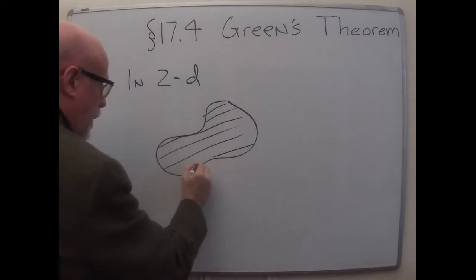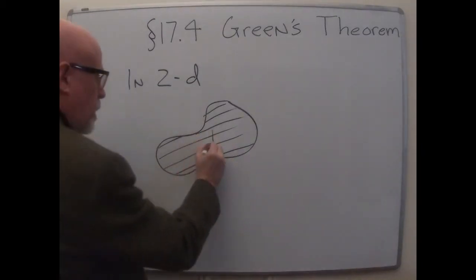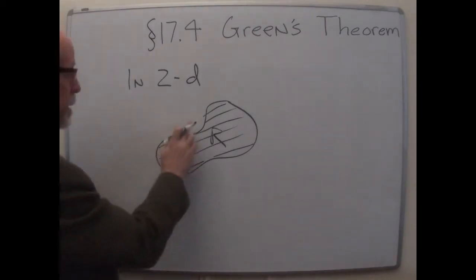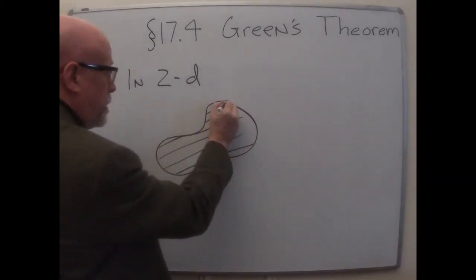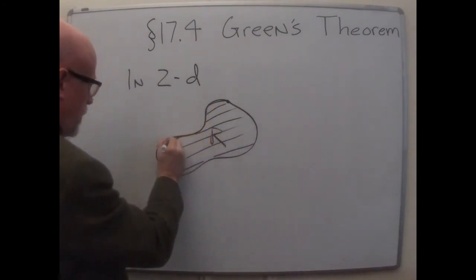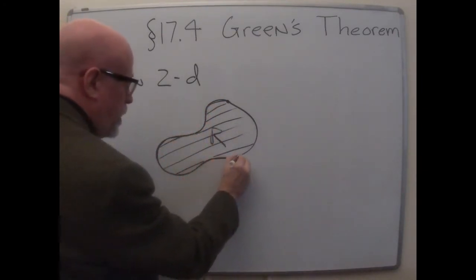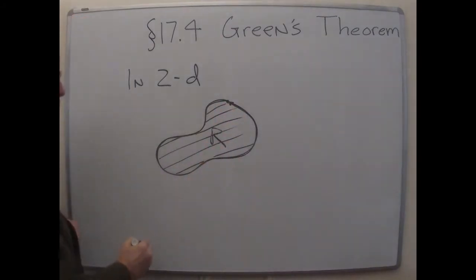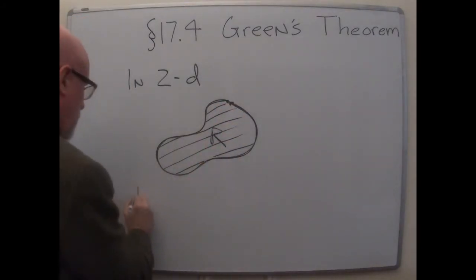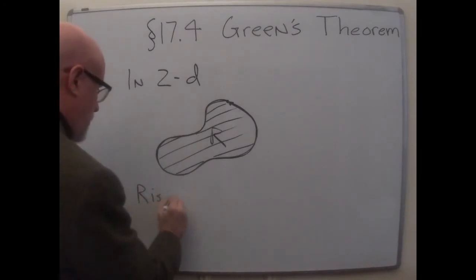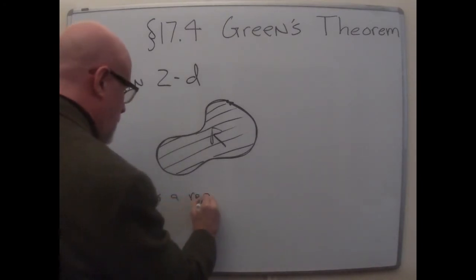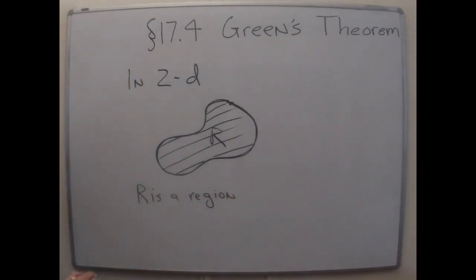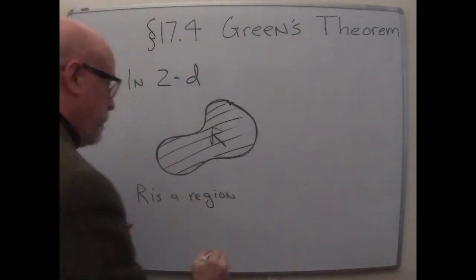So this area, right? A region. But that area has a boundary. And the boundary, in this case, is the way I drew it with my marker as I went around. It started at one point, and it's a simple closed curve. So R is a region and C is a simple closed curve that forms its boundary.